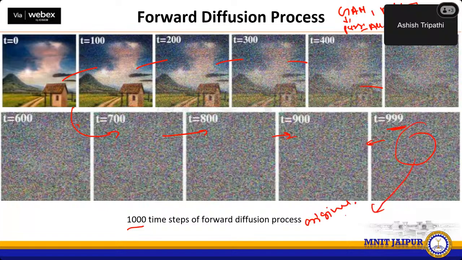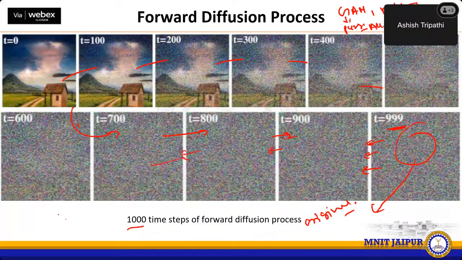So the key ideas of GAN and diffusion models are totally different. Can you now answer which model is computationally more complex? Anyone? I already told you in the beginning of the lecture which model is computationally more complex: diffusion models. Exactly. Why is it so? Because in the reverse process, I need to predict the noise at each iteration.